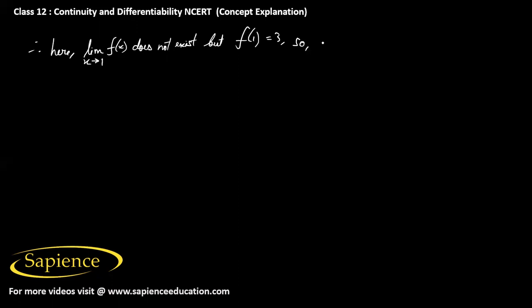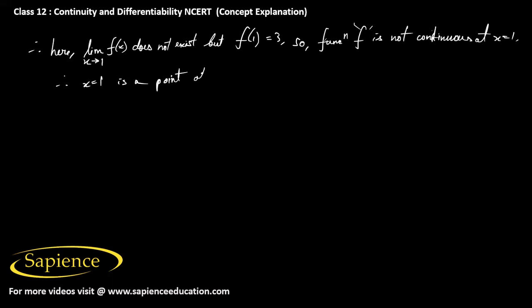So we can say the function f is not continuous at x equal to 1. Therefore x equal to 1 is a point of discontinuity of the function f.